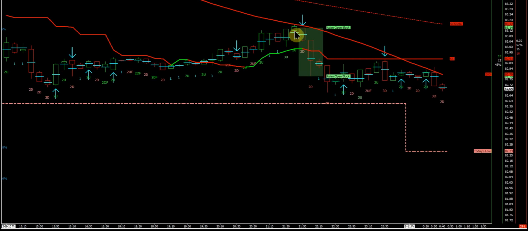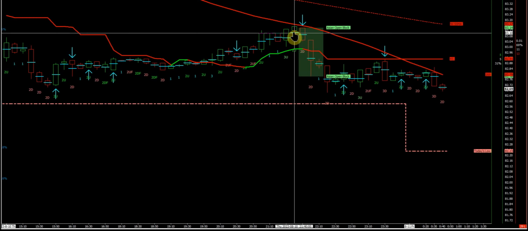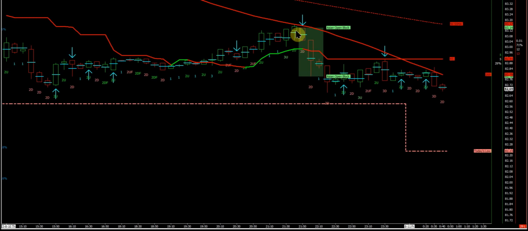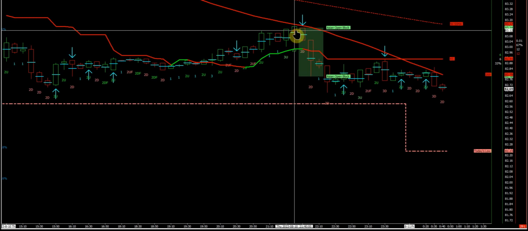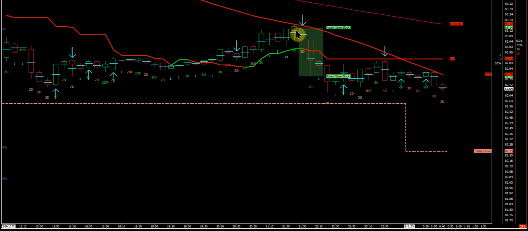I'm going to get in at the 50% line right here. That's one way to do it. 83.10. I'm going to get in at the break of the candle body, not the entire candle itself. If you're breaking in there, you're getting in at 83.04 versus getting in at the break of that, which would be 83.11. That's $70 extra you can put in your pocket.